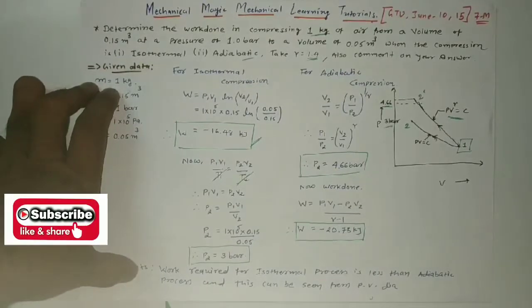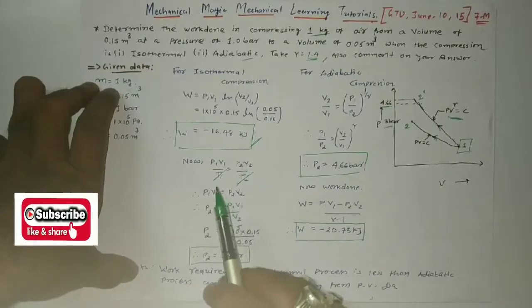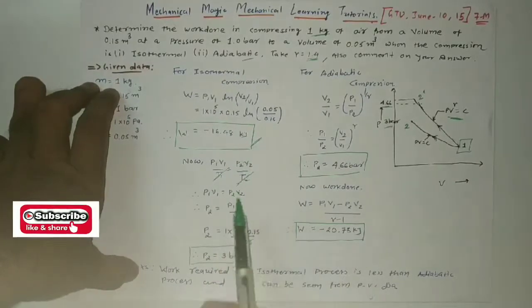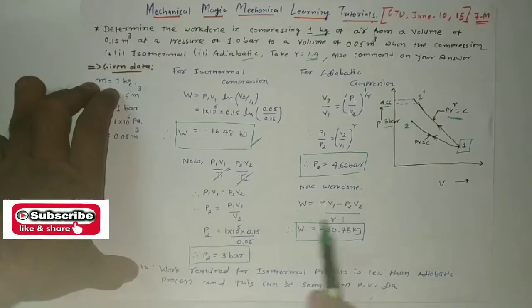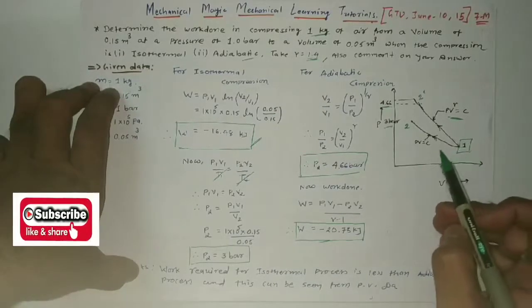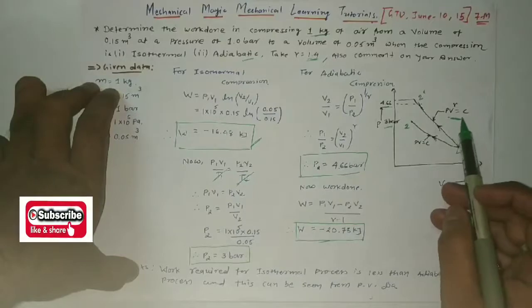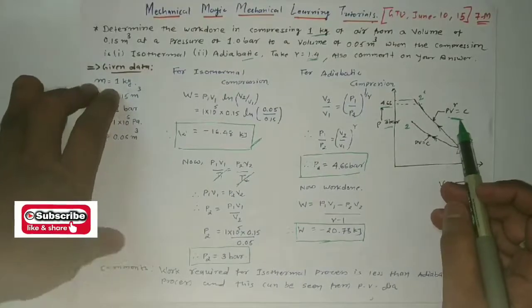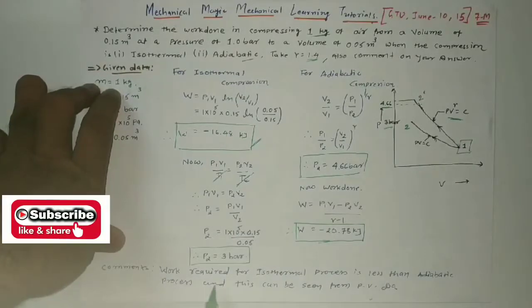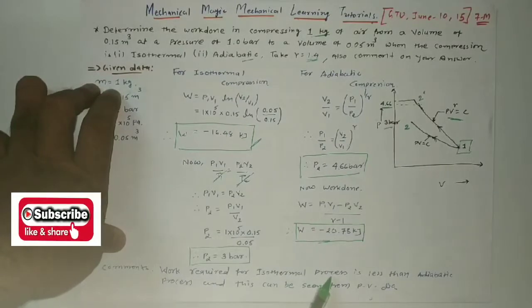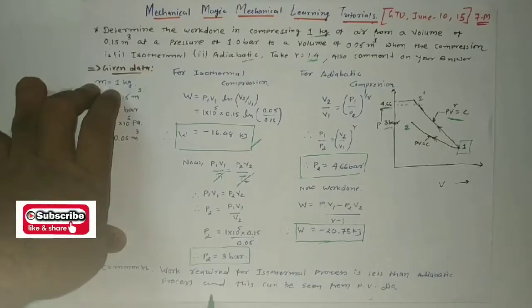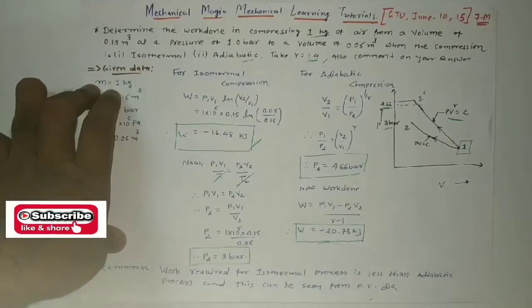So now we have all the values of work done for isothermal process and for adiabatic process, and also you can study the PV diagram for both the processes. So from the data, what we conclude, work required for isothermal process is less than adiabatic process, and it is also seen from the PV diagram.